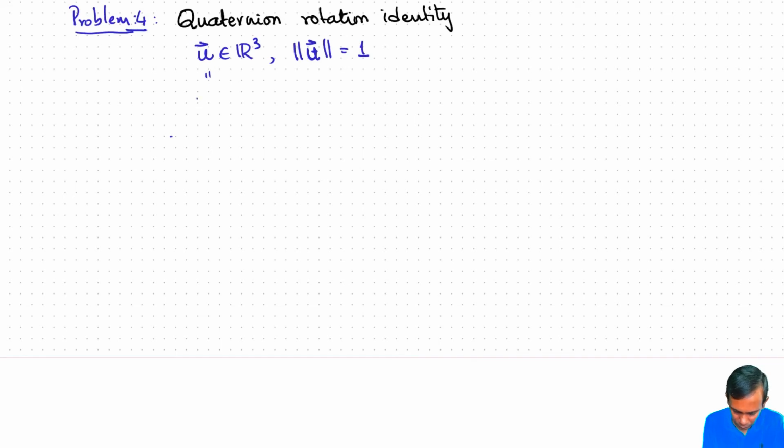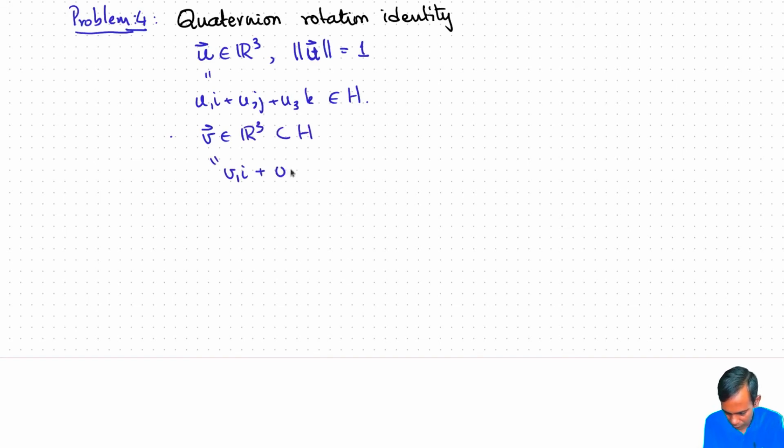So u is equal to u1 i plus u2 j plus u3 k in the quaternions. And I will think of vector v in R3 again as a quaternion: v is v1 i plus v2 j plus v3 k. So I'm going to think of vectors in R3 as imaginary quaternions, as I said before.